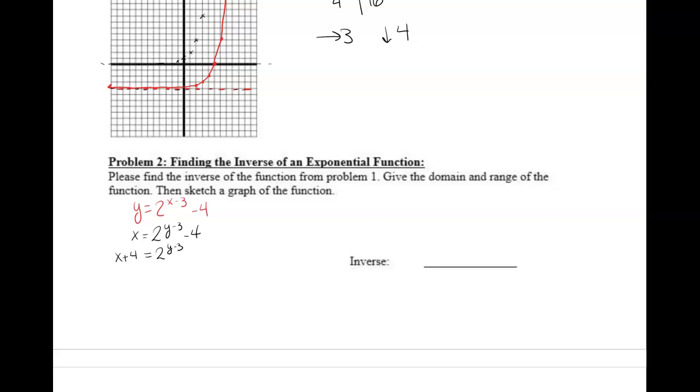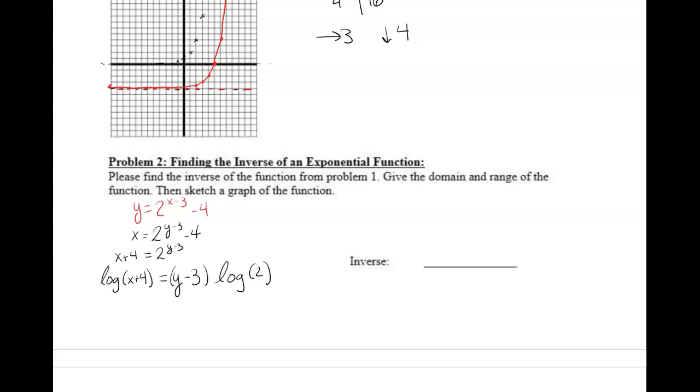The really cool thing about logs is I've definitely got the log of x plus 4 is going to be equal to, since that's just a number, the number stays in the log of 2. The really neat thing is that exponents will actually come out in front of that log. So I've got that y minus 3 now in front of my log.